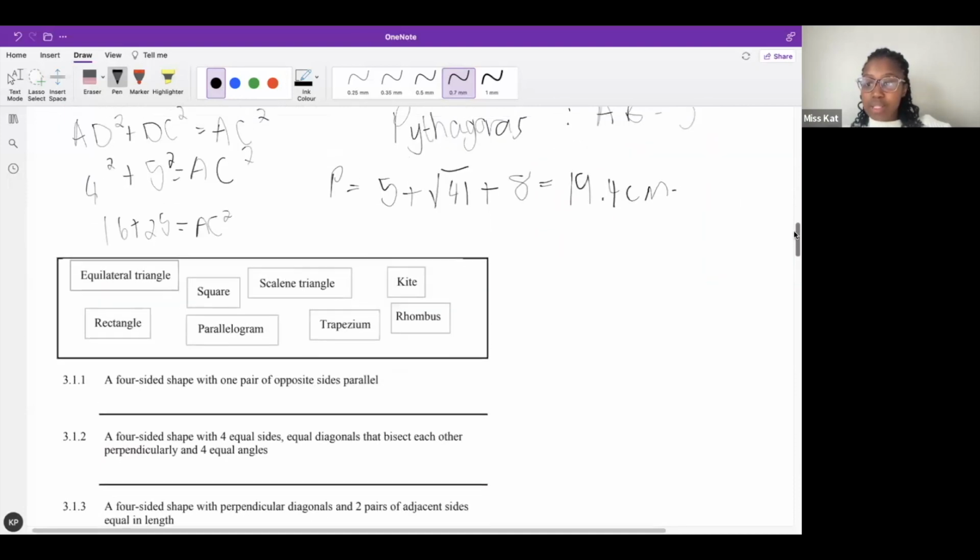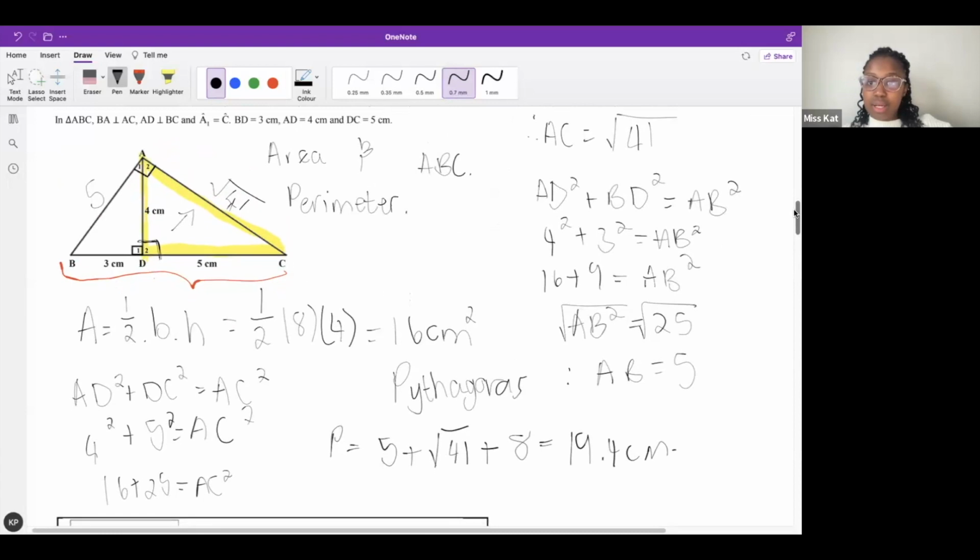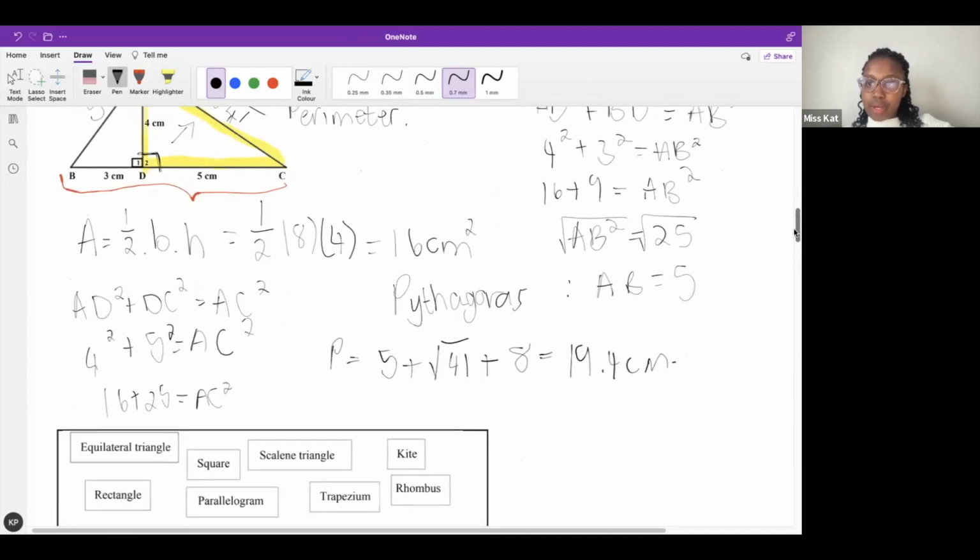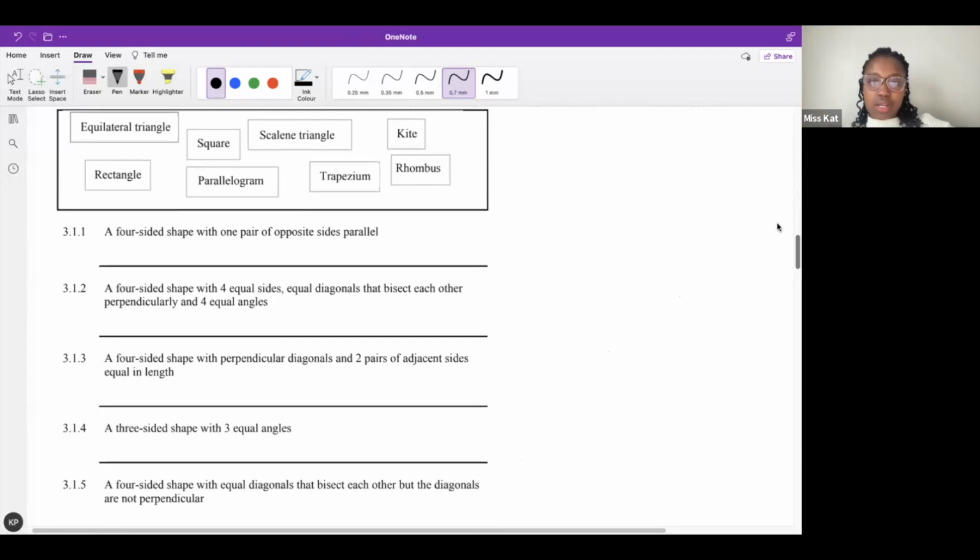Okay, let me go back and take a screenshot and allow you guys to take a screenshot. One pair, guys. What does one pair mean? I'll draw it just now for you guys. Okay, I hope you've taken a screenshot.